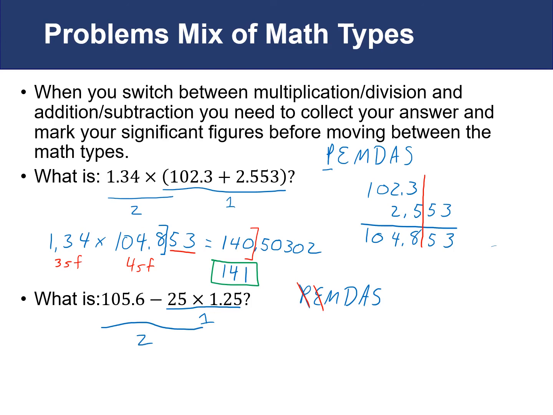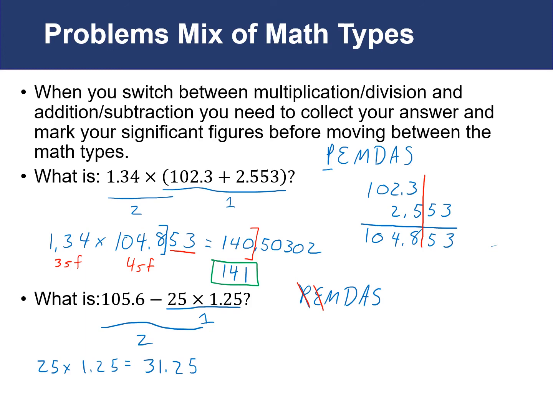Okay, so doing the multiplication division first, if we take 25 times 1.25, plug that into your calculator, you get 31.25. Now, because we're switching between types of math, going from multiplication division now to addition and subtraction for part 2, we need to figure out how many significant figures we have.